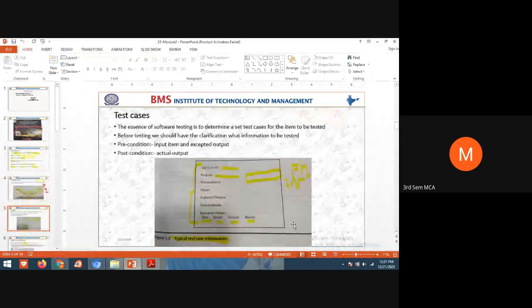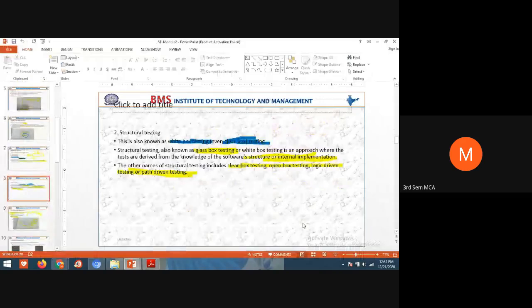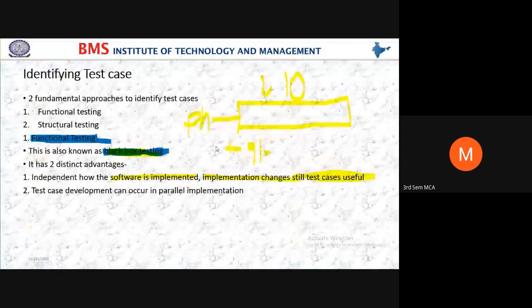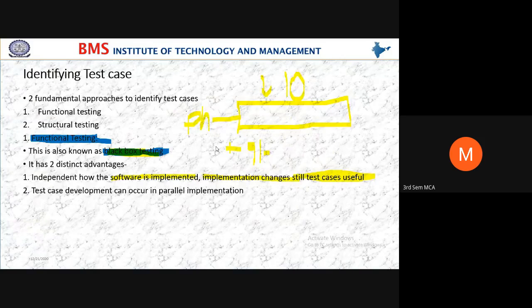Functional testing and structural testing. Testing is divided into two categories, mainly two categories, that is functional testing and structural testing. Functional testing is also known as black box testing.